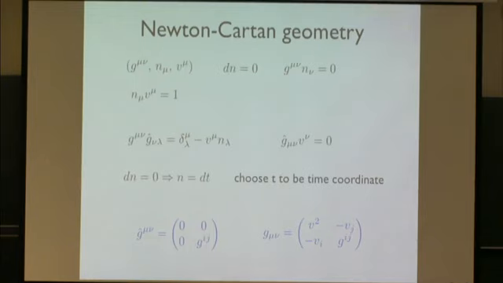So a nicer way to write the formulas is to introduce this n mu, a degenerate metric, a covector and a vector in the structure.